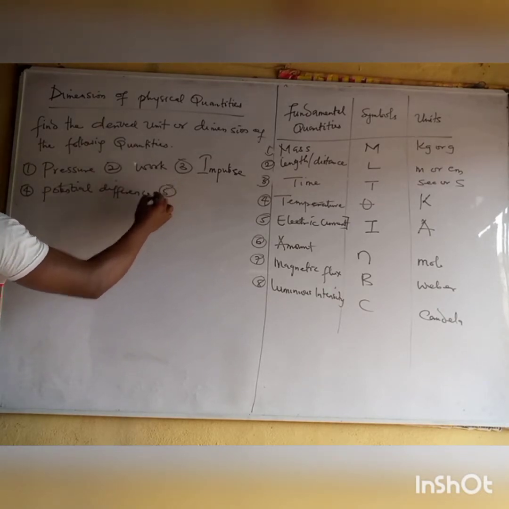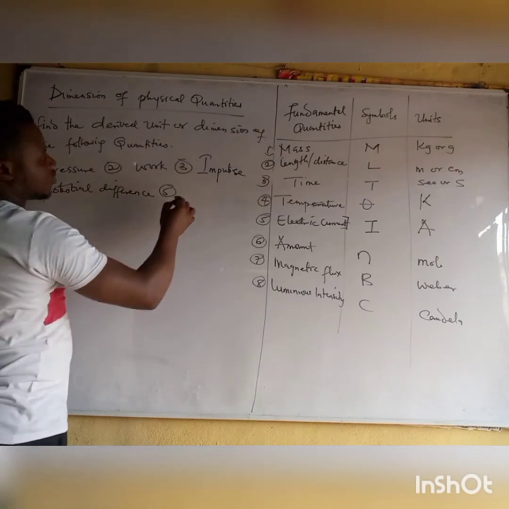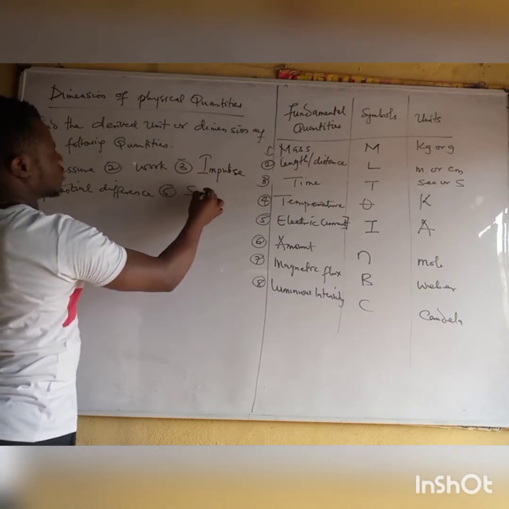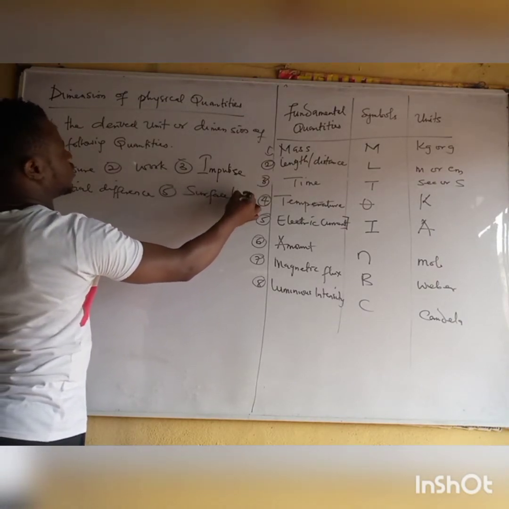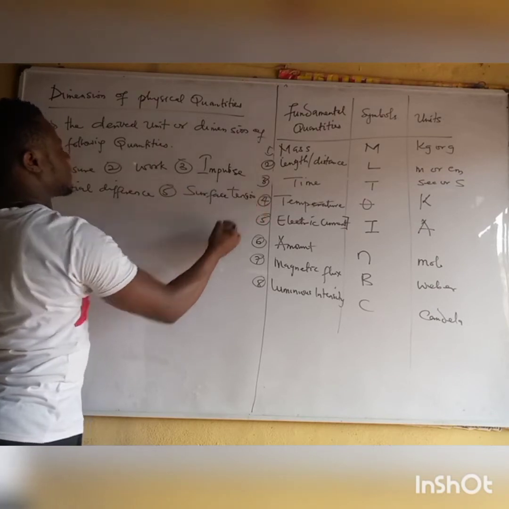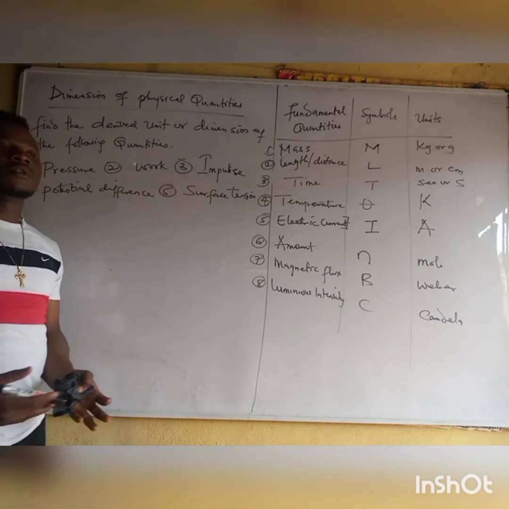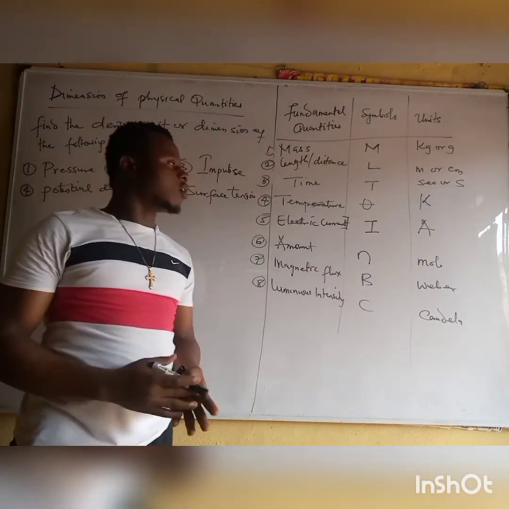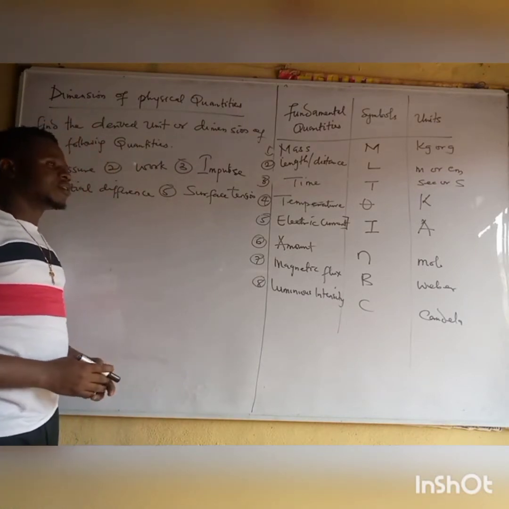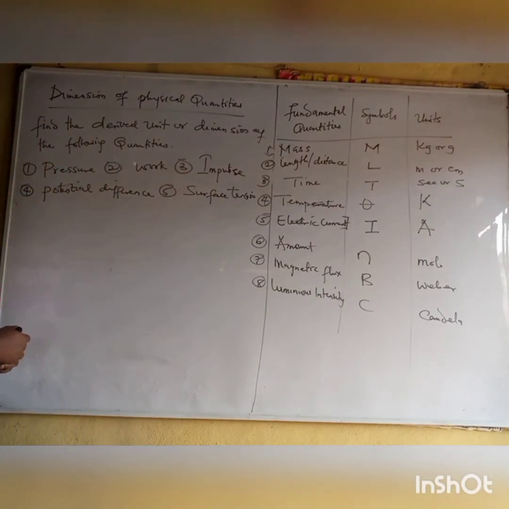And 5. We have surface tension. Now we still have more derived units we are going to talk about. What we are going to do is take the solution.